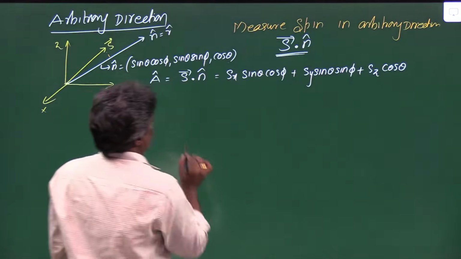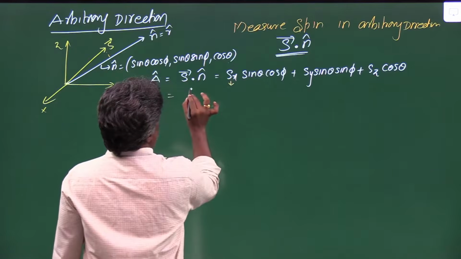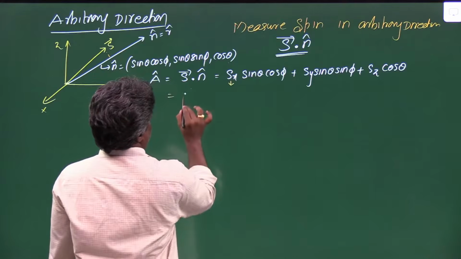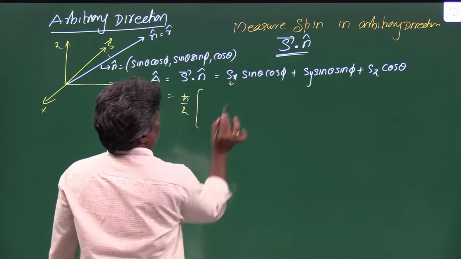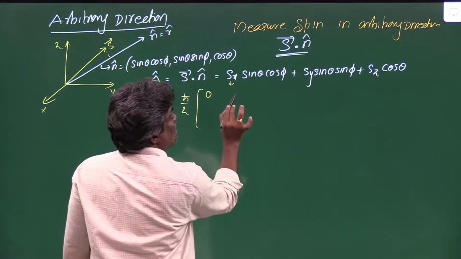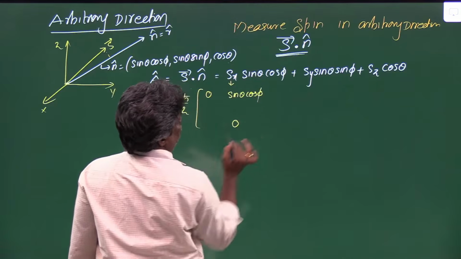Now let me write. I think the Sx matrix you know. So that is h cross by 2 times the matrix with 0, 0 on the diagonal and 1 off the diagonal, multiplied by sin theta cos phi.